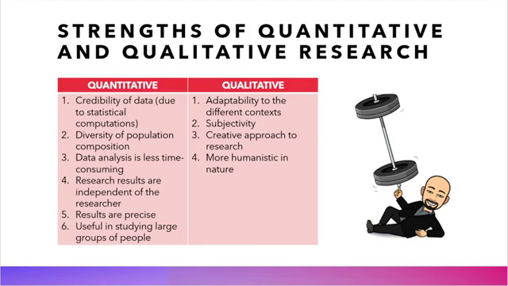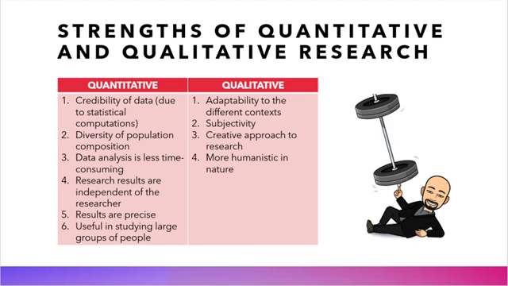There's also less time allotted for data analysis. Why? Because at this age, we already have programs or software that can compute mathematical and statistical data in a snap. And this has done wonders for the field of quantitative research.